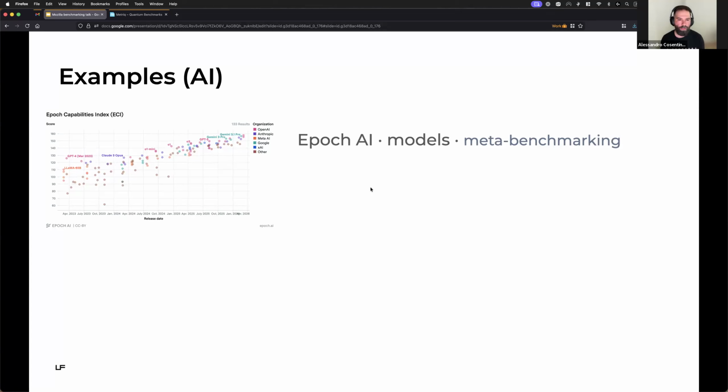And Epoch AI is actually a cool website where you can find a sort of meta collection of those benchmarks, all with a composite score, which is this ECI, ranked but also ordered in a time series. So you can actually see the evolution of the score and, in general, the evolution of the field, which is quite important for the field itself.